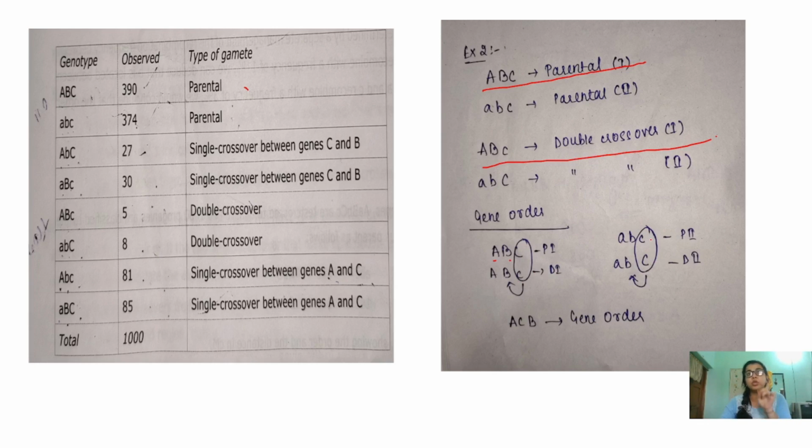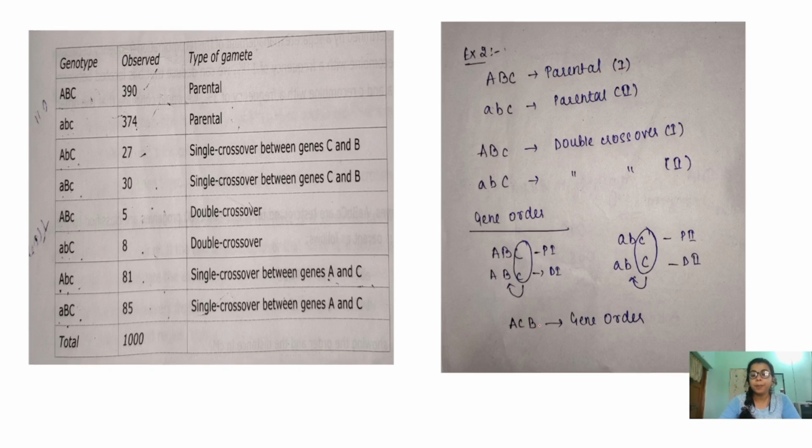But remember one thing, the change should always occur in the middle. As this change is present at the corner, on the extreme side, you need to arrange it so that C, the changed gene, is in the middle, and you get the gene order. As C is present right here in the corner, you just need to place it in the middle and your gene order will be ACB.